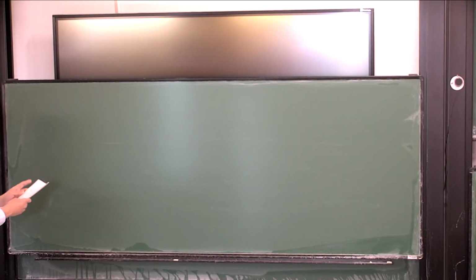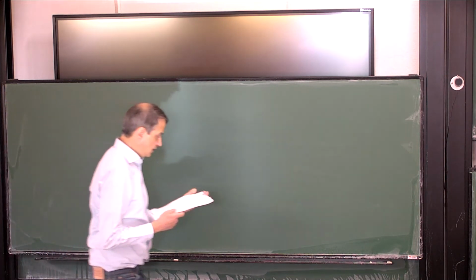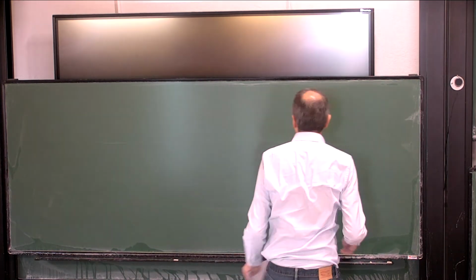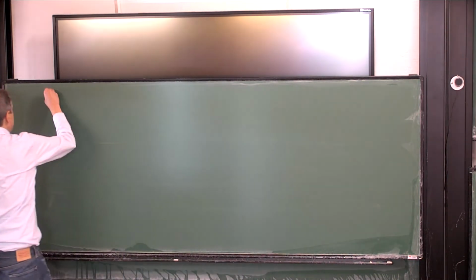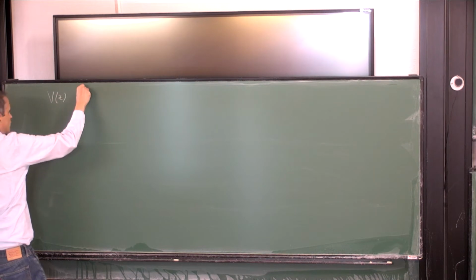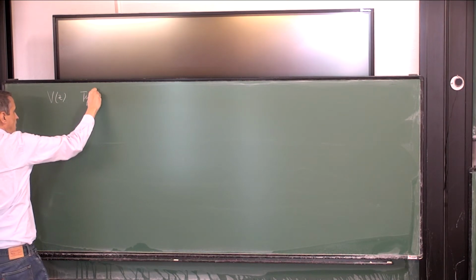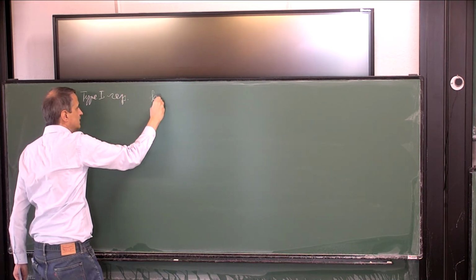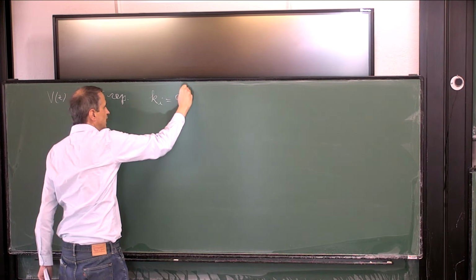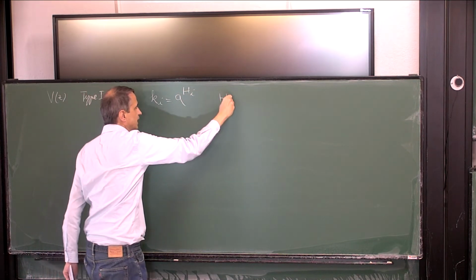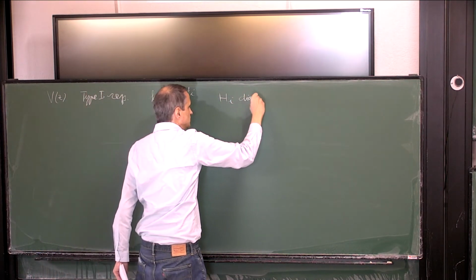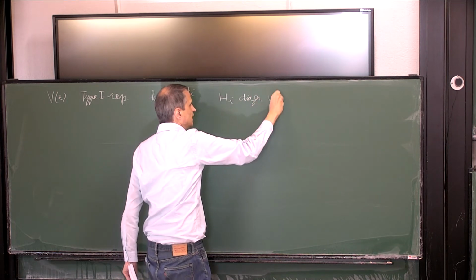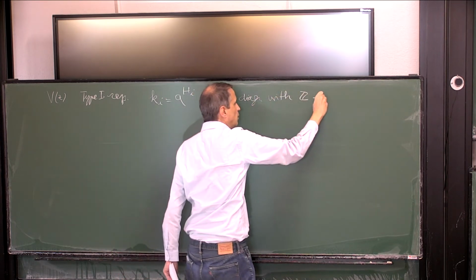Okay, so this representation V of z is an example of a so-called type 1 representation, where K_i goes to q to the H_i, where H_i is diagonalizable with integer eigenvalues.